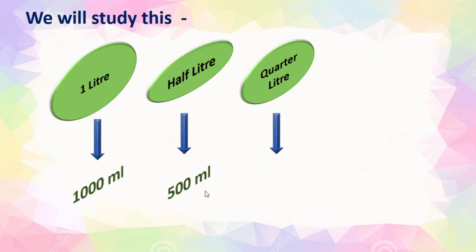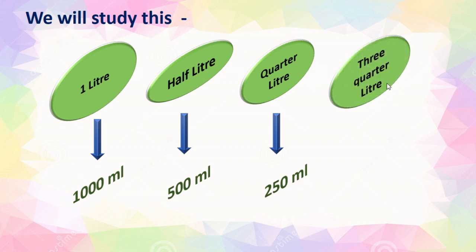Half of half, that is nothing but 250 ml. You know this. Now 3/4 liter is equal to 500 ml plus 250 ml, that is nothing but 750 ml. Isn't it? Good.